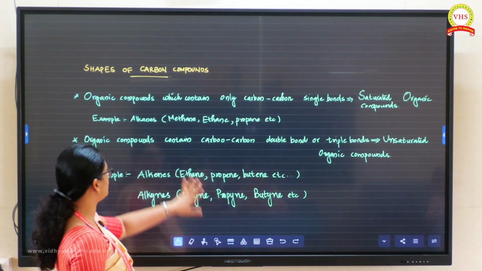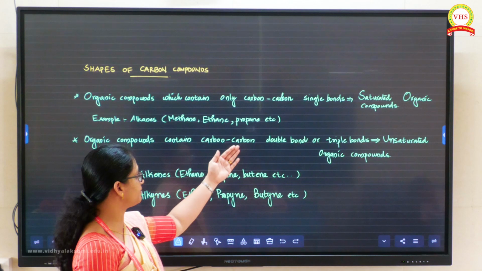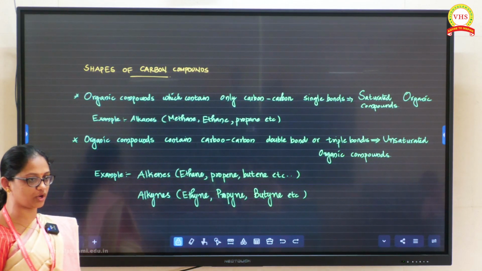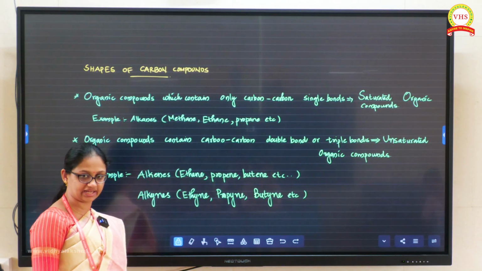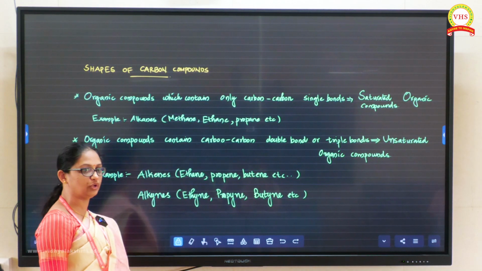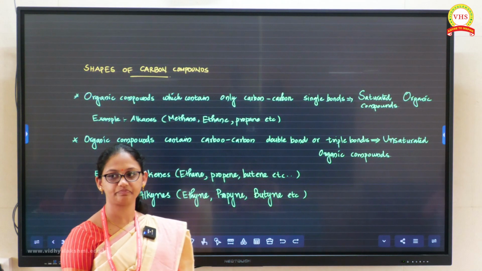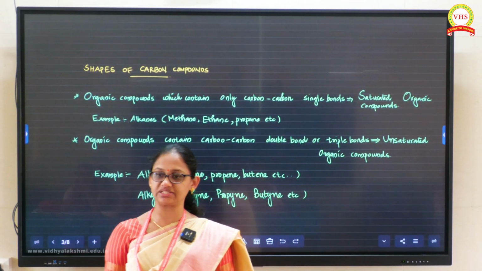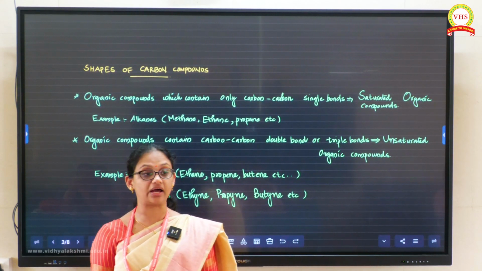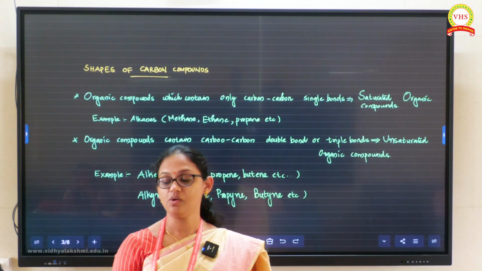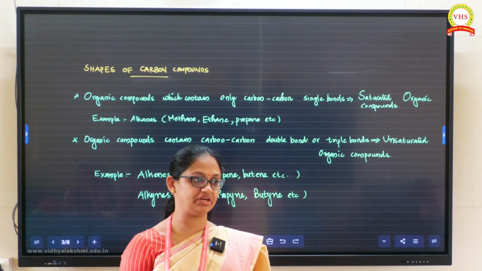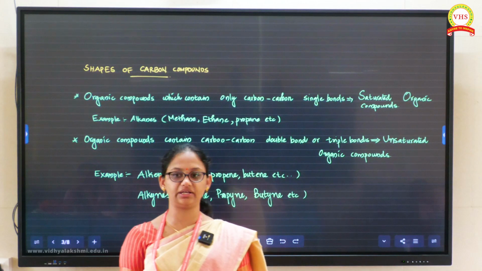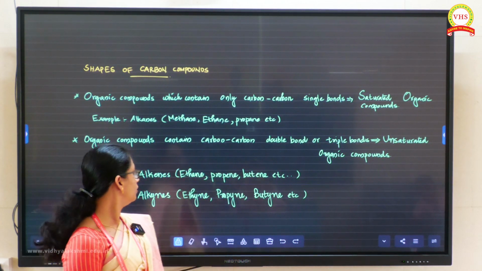Organic compounds which contain only carbon-carbon single bonds are called saturated organic compounds. Alkanes examples you already know: methane, ethane, propane, butane. If a compound contains 7 carbon atoms, what is the name? Heptane. 10 carbon atoms, decane. 9 carbon atoms, nonane.